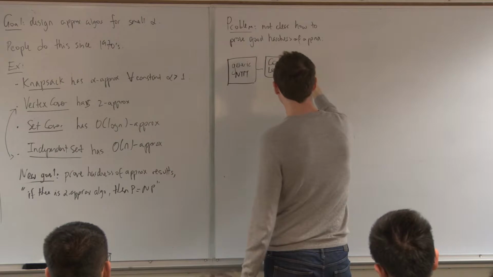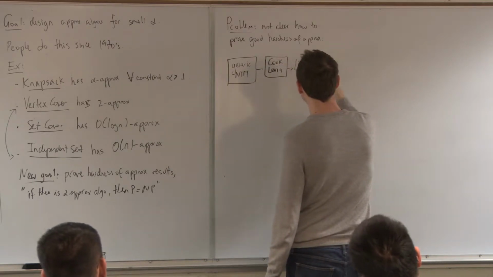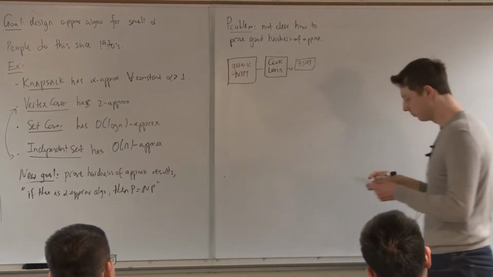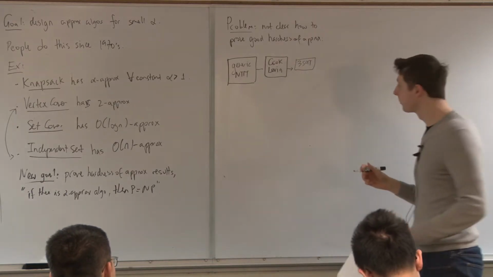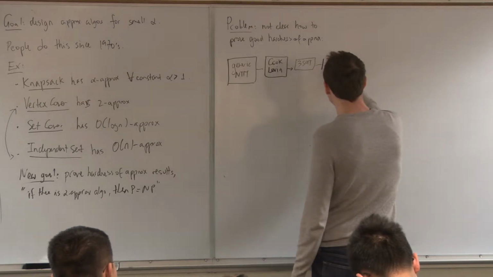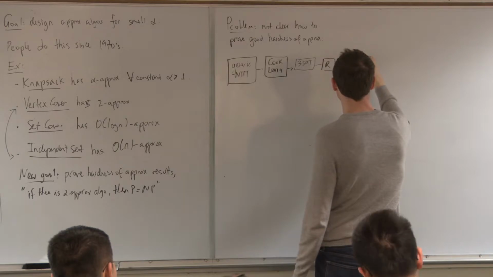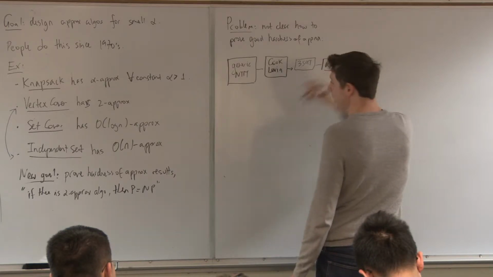And we reduce this problem to a 3-SAT formula, right? And then we apply a particular reduction to the problem that we care about, the problem of interest. For example, any one of them.